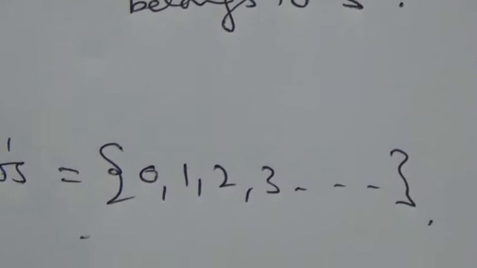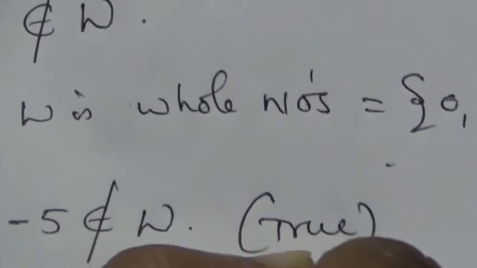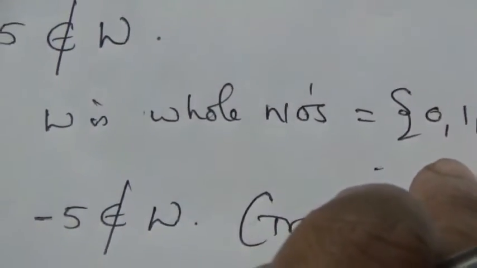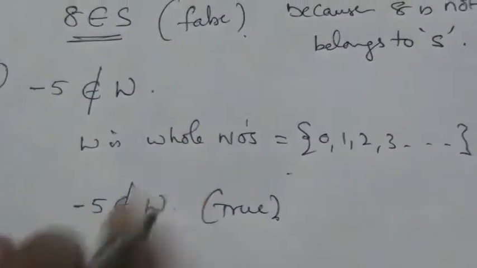Are negative numbers there in the whole numbers? No. Hence minus 5 does not belong to whole numbers. Yes, it is true. That is the justification. What I explained to you, that is the justification. You have to write in your notes like this.